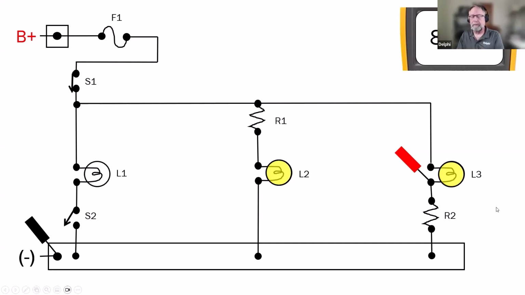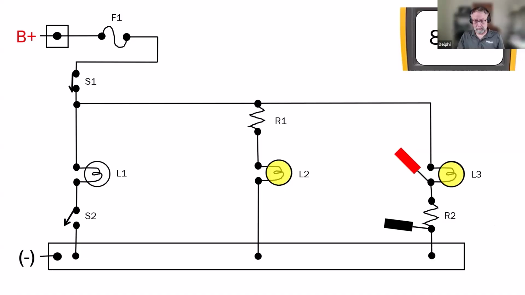That's directly impacting the operation of lamps, in this case L3. All right, so that's how we narrow down whether it's on the positive side or on the ground side, and how that's impacting the circuit.